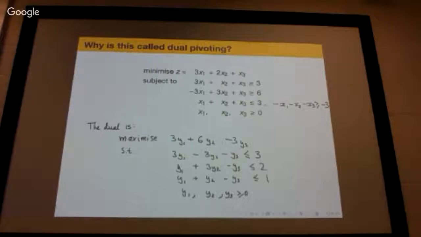Okay, that's the dual. So how would you solve a problem like this using the simplex method?